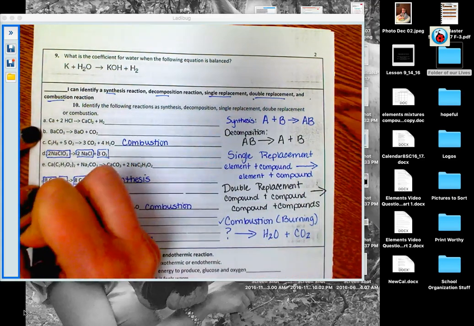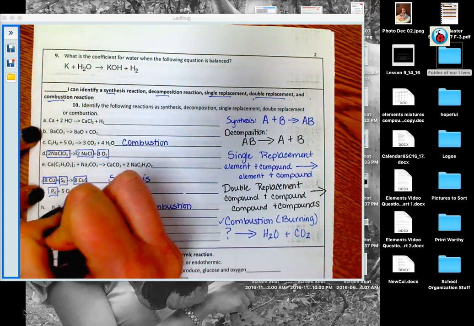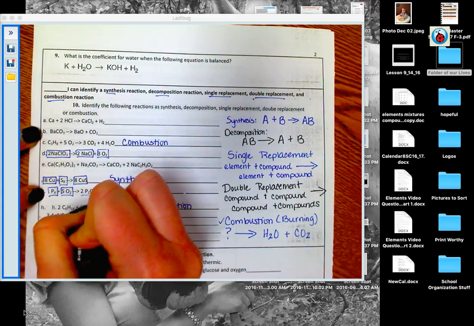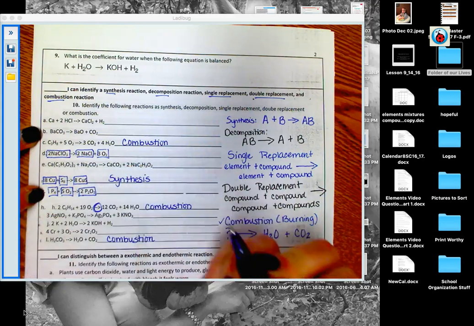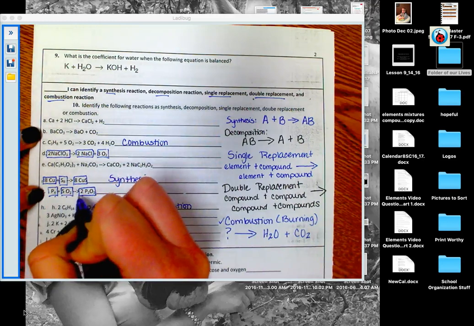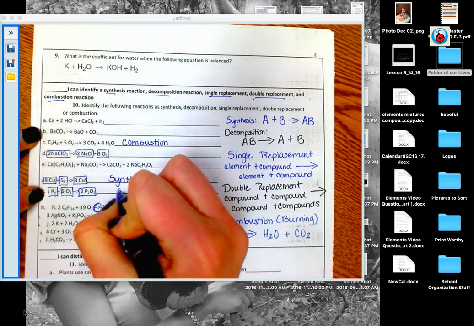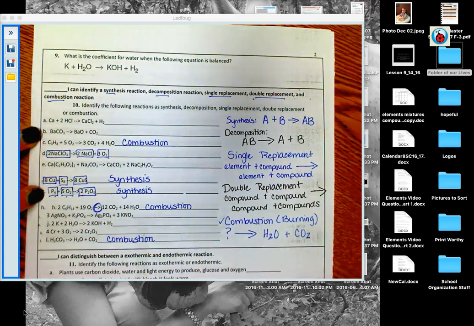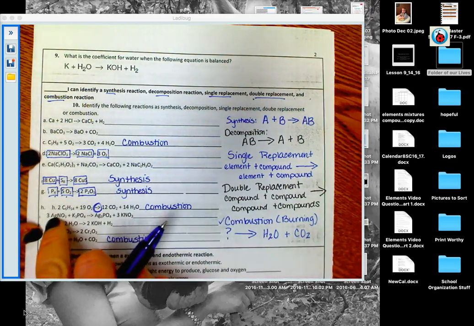The next one has P4 plus 5O2 yields 2P2O5. So you have A plus B yields AB. So this one qualifies as synthesis. And this one is combustion.